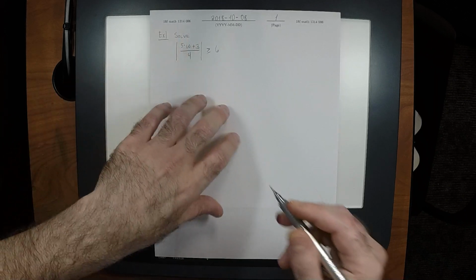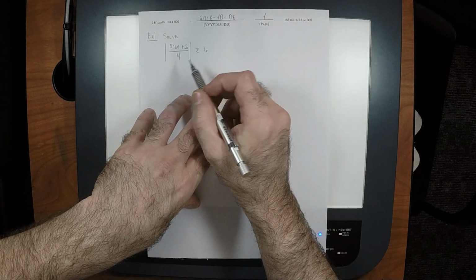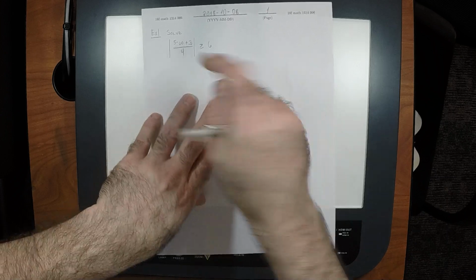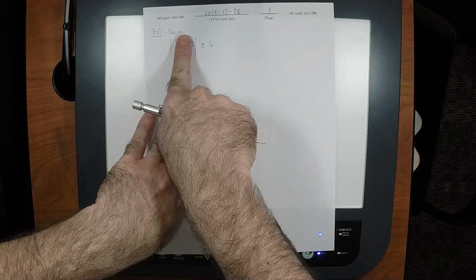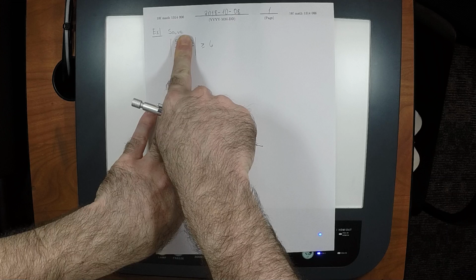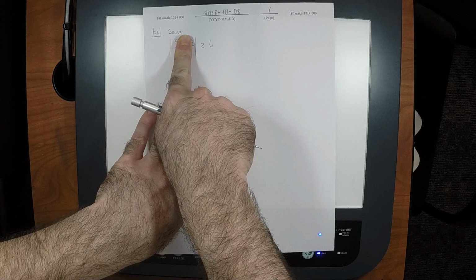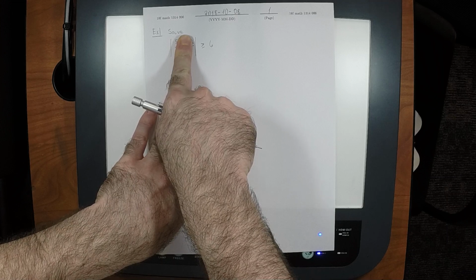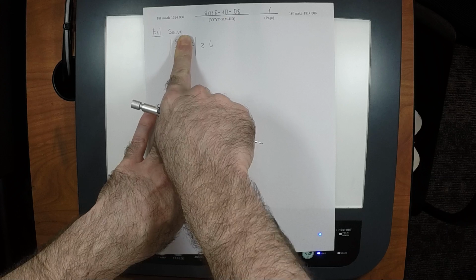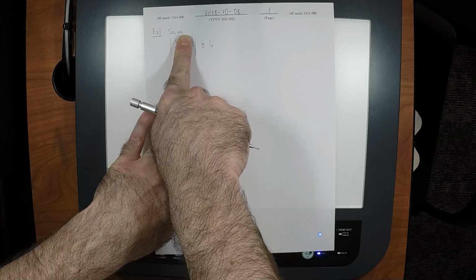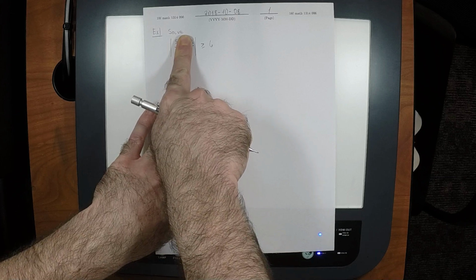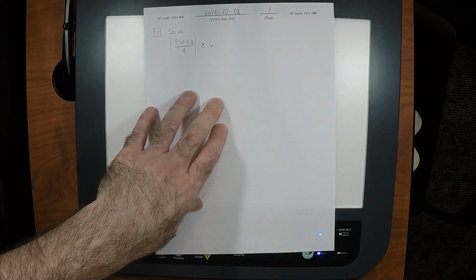All right. So what I'm saying is that if what's in there is big enough, if it's 6 or bigger, then we're good to go. Similarly, if it's small enough, if it's negative 6 or smaller, then we're good to go.